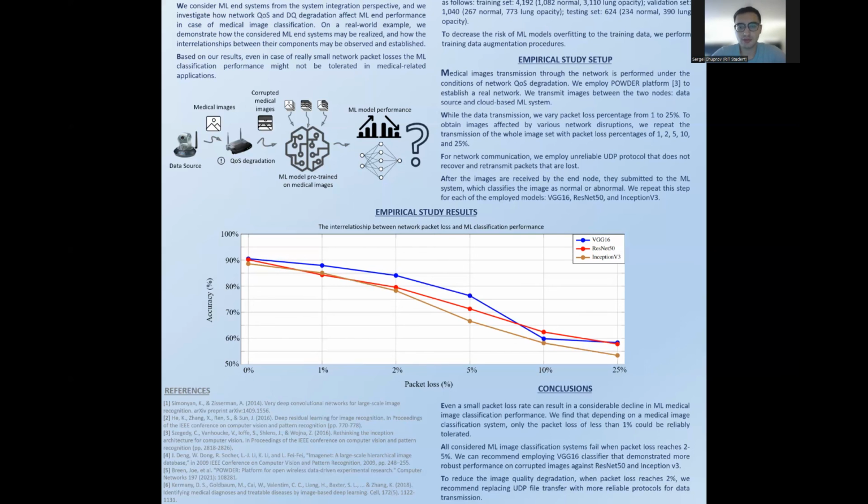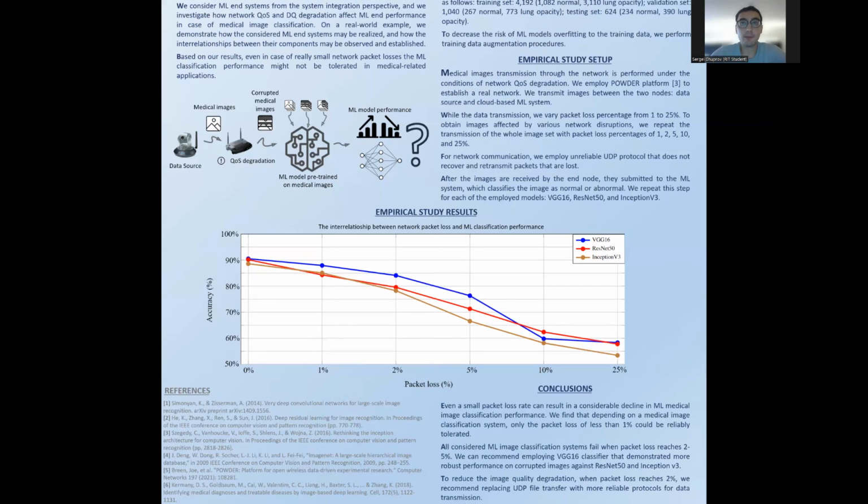And to reduce image quality degradation, our rule of thumb is that when the packet loss reaches 2%, we recommend replacing UDP file transfer with more reliable protocols for data transmission, if your network resource consumption allows it. For example, you can employ TCP or QUIC or any other more reliable protocols.